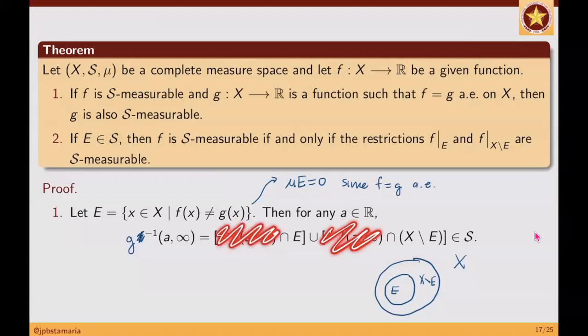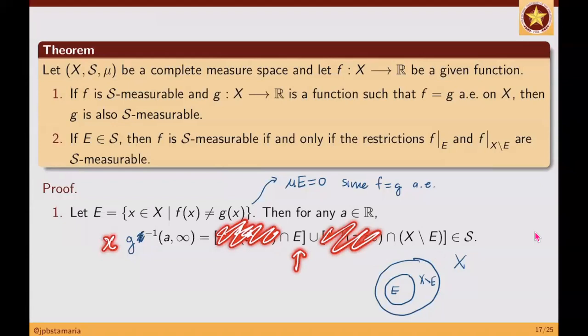Pag kumuha ka ng x dito sa kaliwa, meron kang g of x that is greater than a. Pero yung g of x na yun, dalawang possibility.